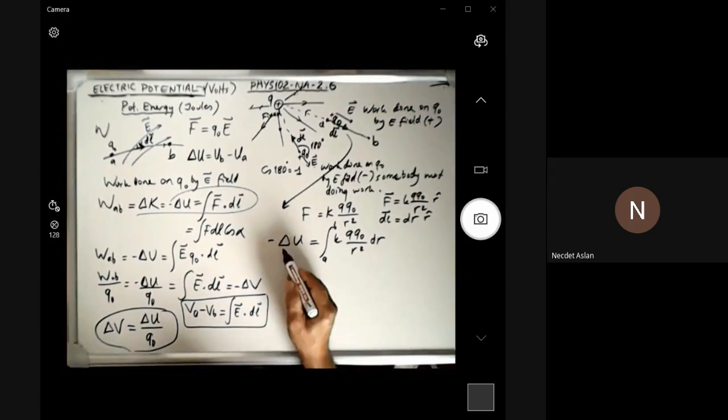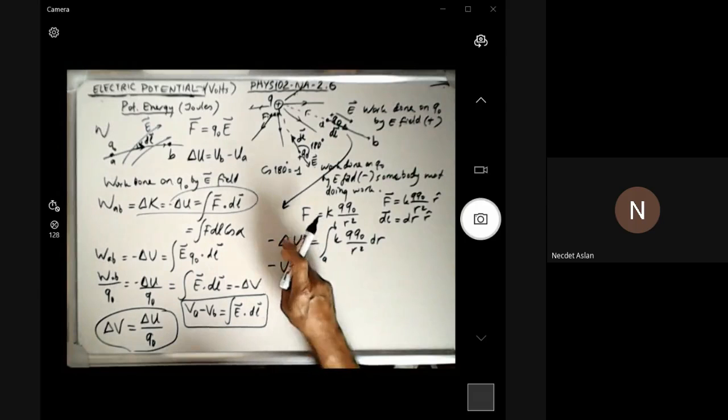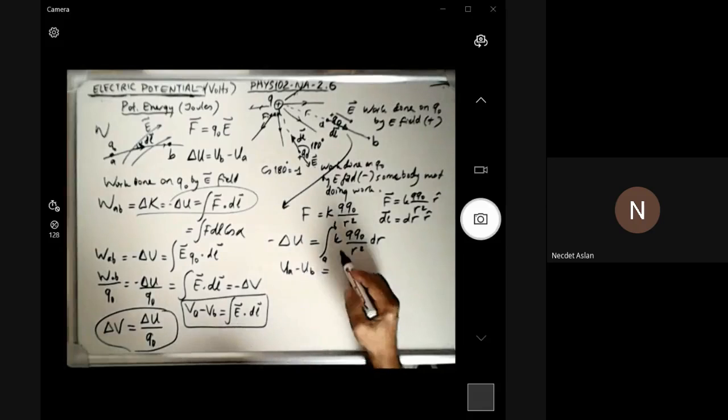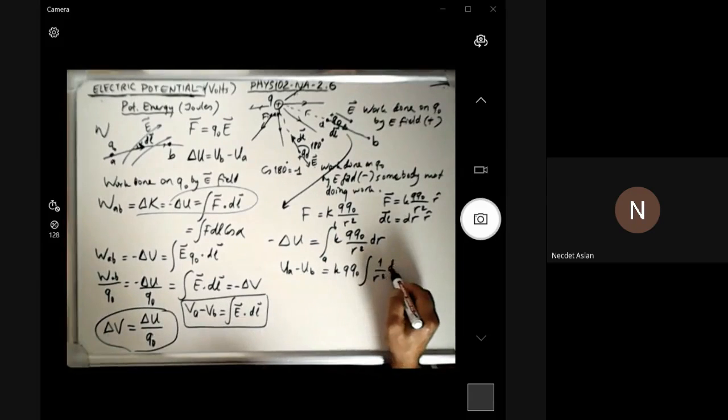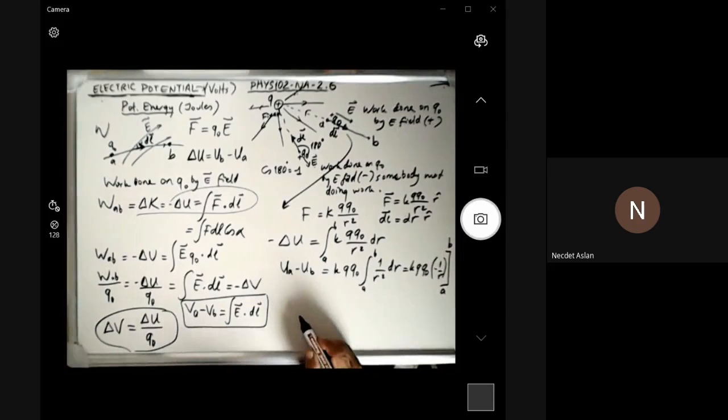Delta U is UB minus UA, but if you use the minus sign, it will be written as UA minus UB, which is equal to K times Q0, these are constants, times the integral of 1 over R squared dr from A to B. The integration of 1 over R squared is just minus 1 over R. So K Q0 times minus 1 over R, with limits A and B.